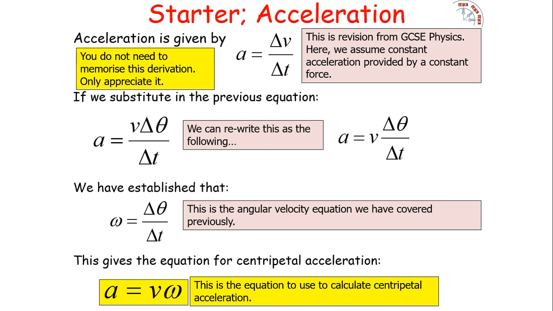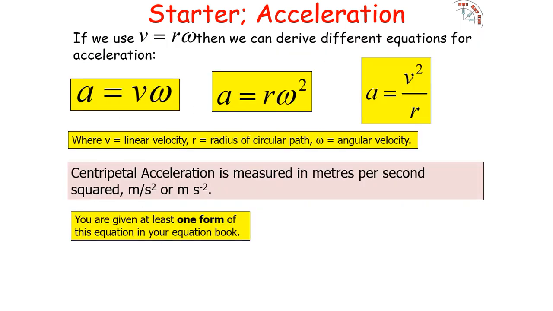We know that delta v is v delta theta, so now a equals v delta theta over delta t. We know that delta theta, the change in angular displacement, over delta t, the change in time, is just angular velocity. So therefore, centripetal acceleration a equals v times omega, and that's the equation used to calculate the centripetal acceleration.